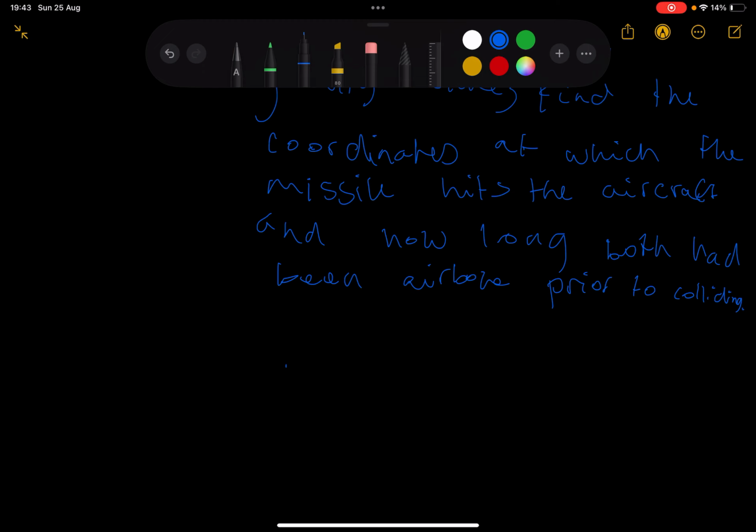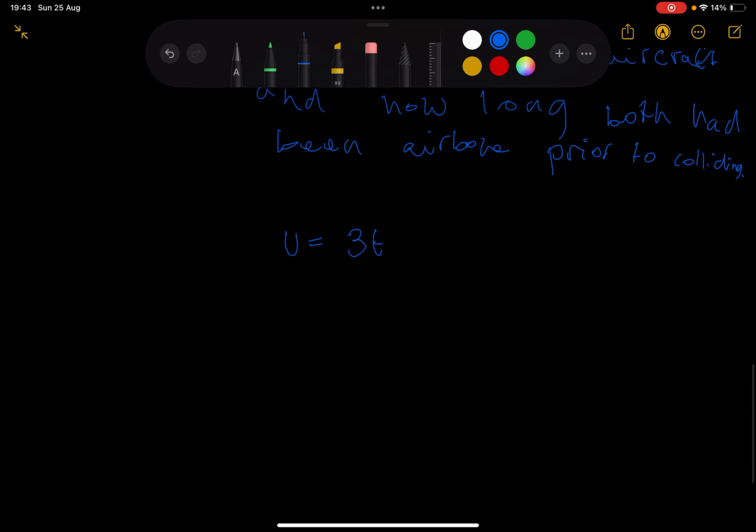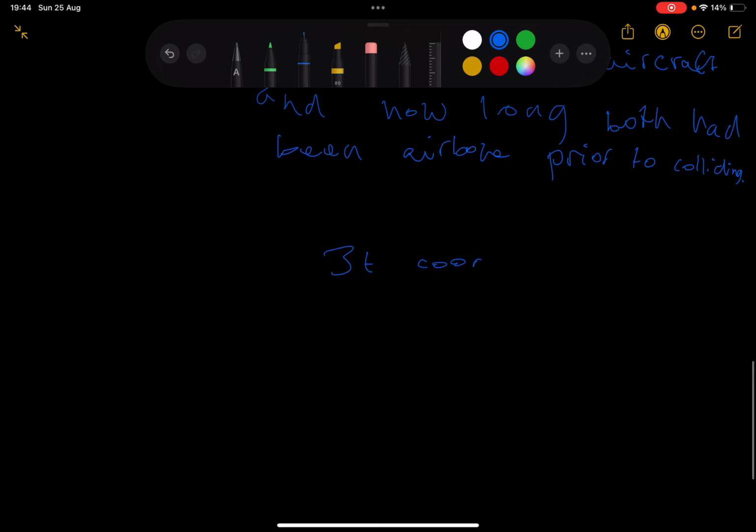Since the initial velocity is 3t here, you can say it's projected from the origin coordinate. This is the initial position.